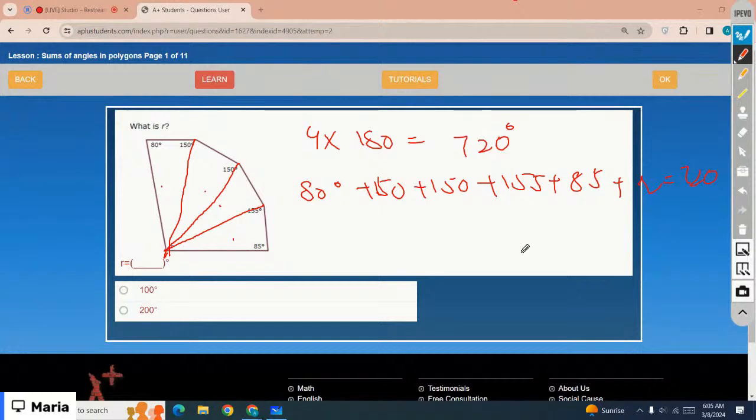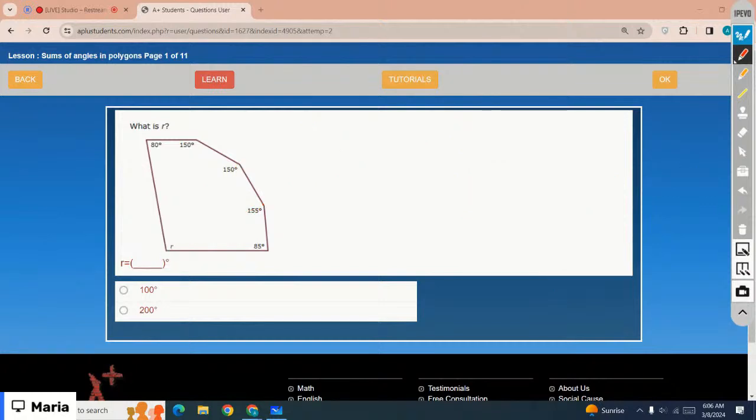That is 620 degrees plus R. So when you move to the other side, R equals 100. So the correct option is 100 degrees. The missing angle is 100 degrees.